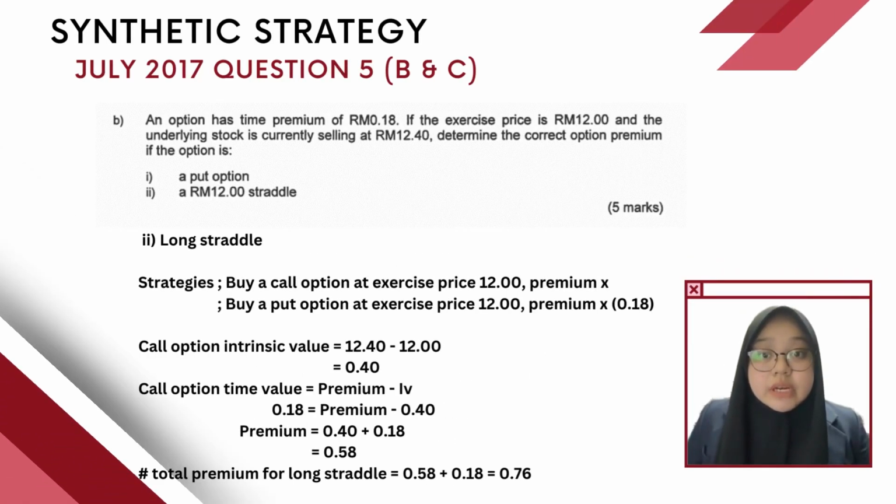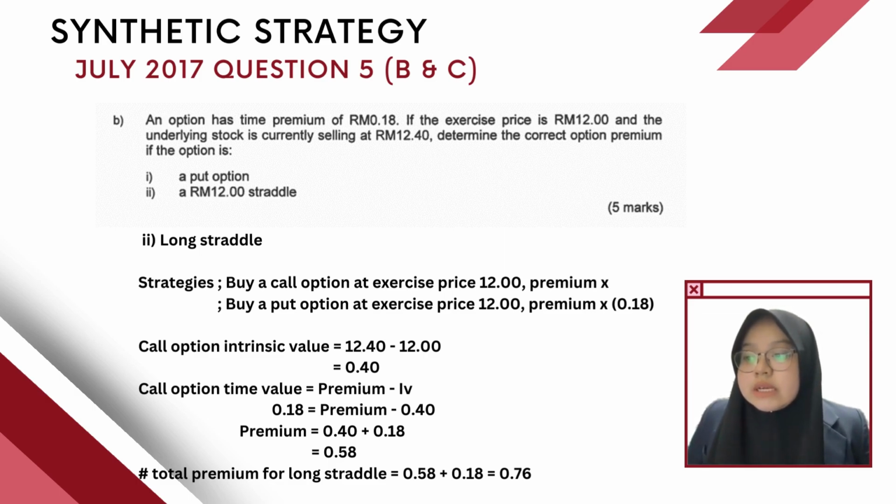So for the next one, which is a straddle, a 12 ringgit straddle, there are two strategies that we need to identify, which is buy a call option at exercise price 12 ringgit with premium X, or buy a put option at exercise price 12 ringgit with premium 18 cents. Then we need to calculate the call option intrinsic value, which is 12 ringgit 40 cents minus the 12 ringgit, which is 40 cents for the intrinsic value.